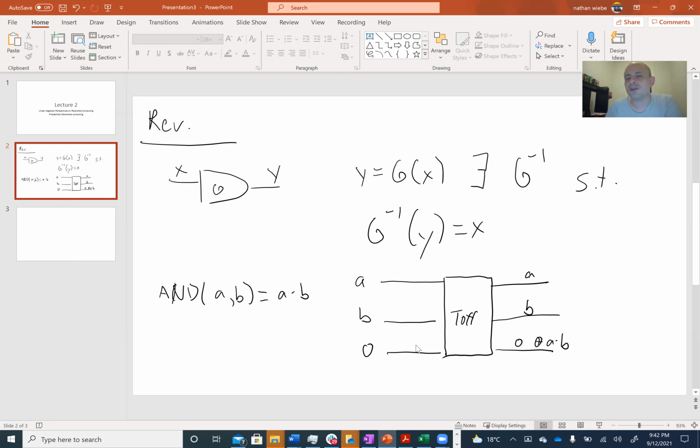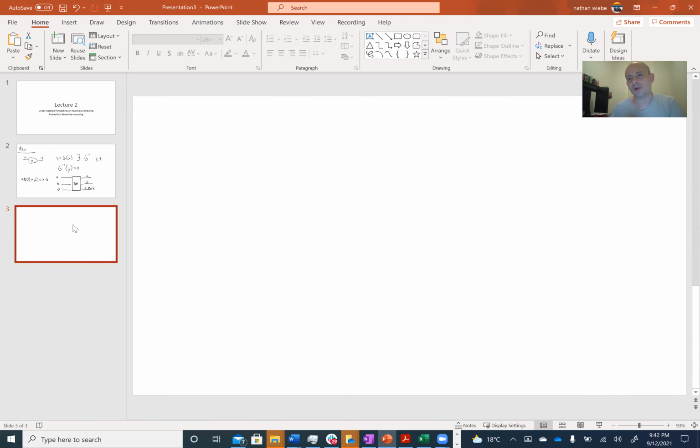In general, we can do the exact same trick for any irreversible function to represent it reversibly, at the price of having a couple of extra bits of memory around in order to be able to invert the function. So that's the high level of what we talked about last time.